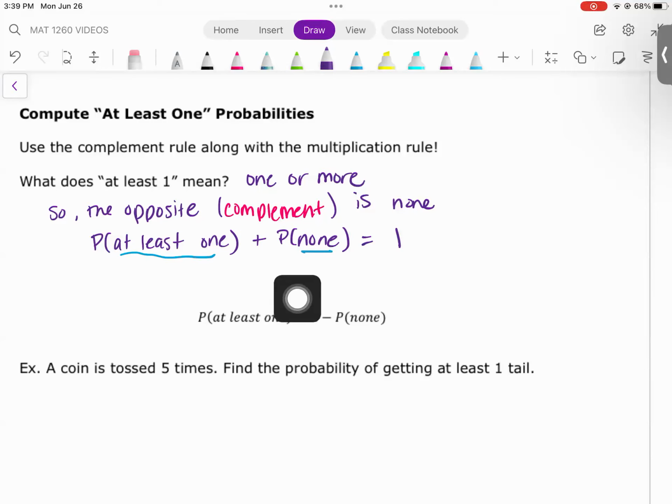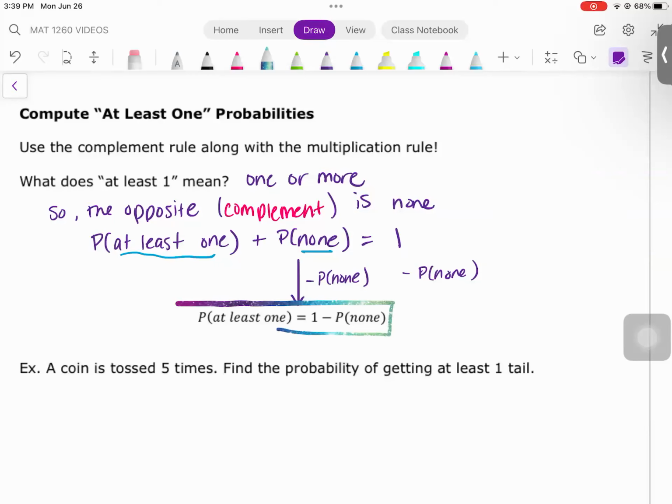If we subtract the probability of none from both sides, we end up with this really handy formula: the probability of at least 1 equals 1 minus the probability of none.